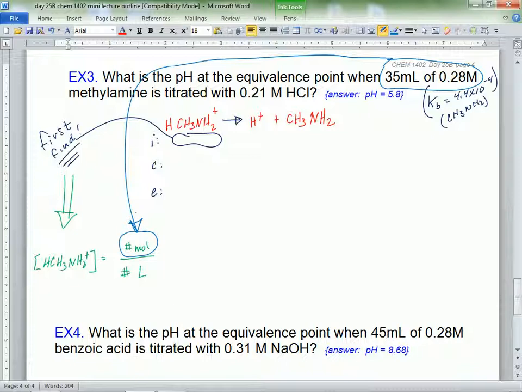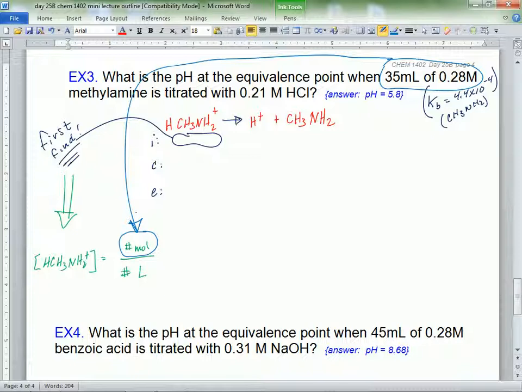All right, because you know the volume and the concentration of that methylamine. Get the volume in liters and multiply it times the concentration, you'll have the moles. The nice thing about equivalence point, all those moles are equal. That's when you quit. The conjugate acid, the conjugate base, the HCl.